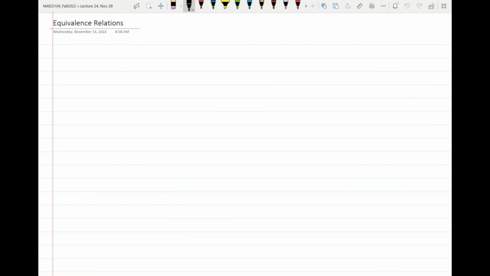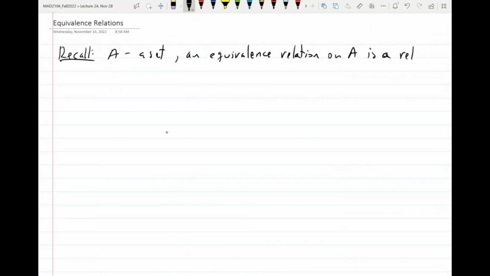So recall, if A is a set, then an equivalence relation on A is a relation, of course, that has three properties.